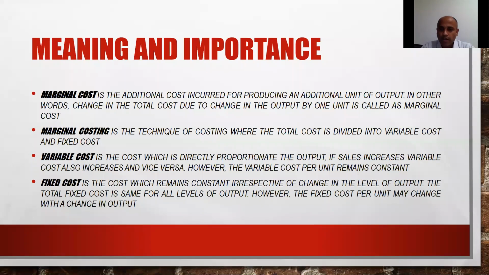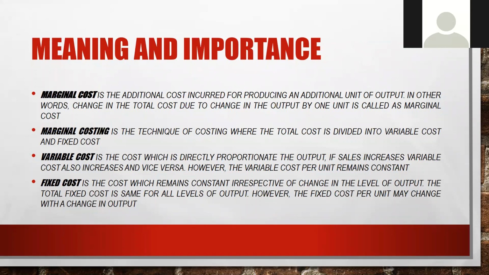Now look at the quantity. What was the quantity? 100. It went up to 101 units. The total cost previously was 1000. Now it is 1006 rupees. What is the difference in the total cost? 6 rupees. And what is the difference in the quantity?